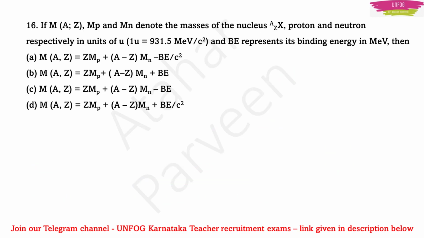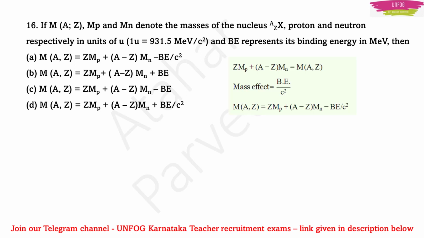Next question. If M, A, Z, Mp and Mn denote masses of the nucleus X, proton and neutron respectively in units of u, means AMU, and BE represents its binding energy in MeV, then, so this one we have already done here. You don't need to worry, we have already done it, right?